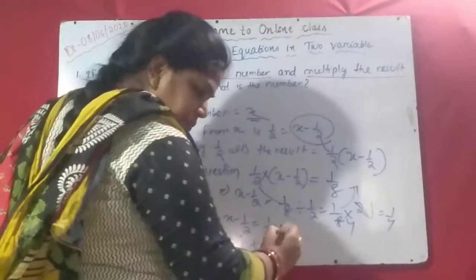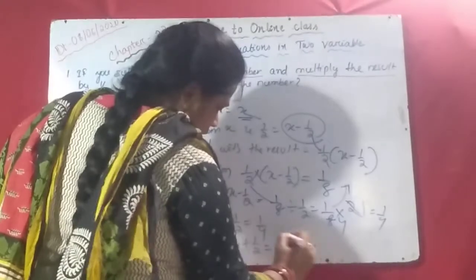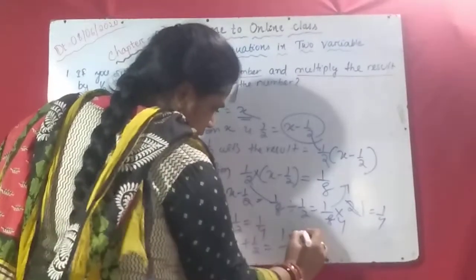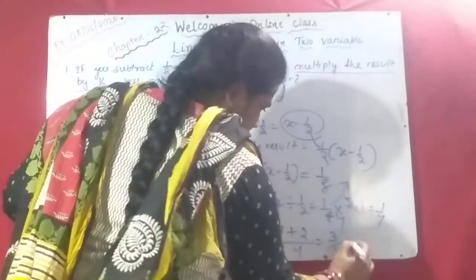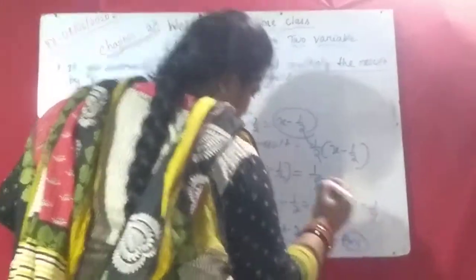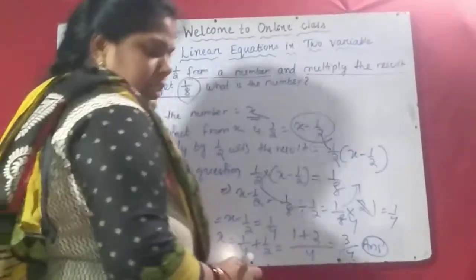So 1 plus 2 is 3 by 4. You solve the equation, and you get the answer.